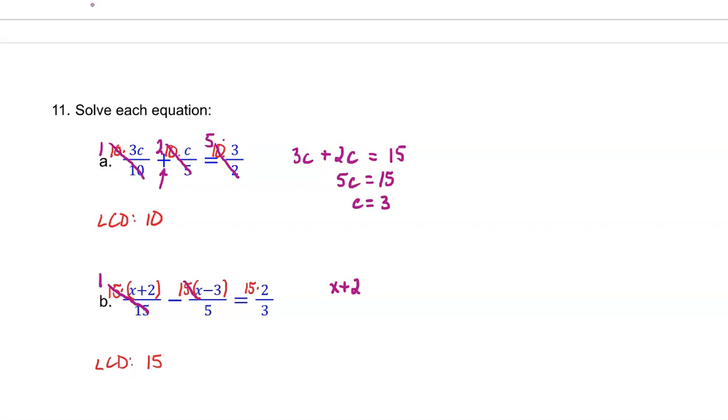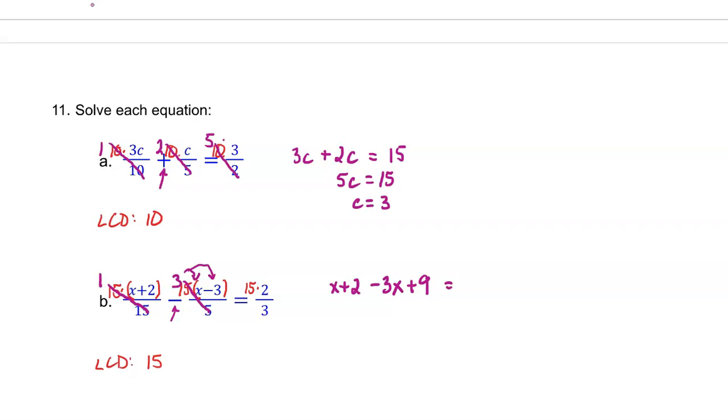Now, 15 over 5 reduces to a 3, and that 3 follows this minus sign, so you can think of it as negative 3, and that can be distributed to the things inside the parentheses. So negative 3 times x is negative 3x, and negative 3 times negative 3 is positive 9.